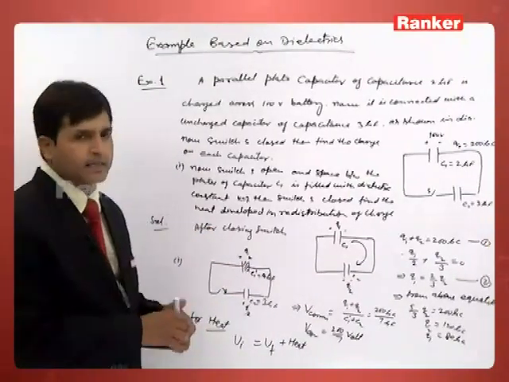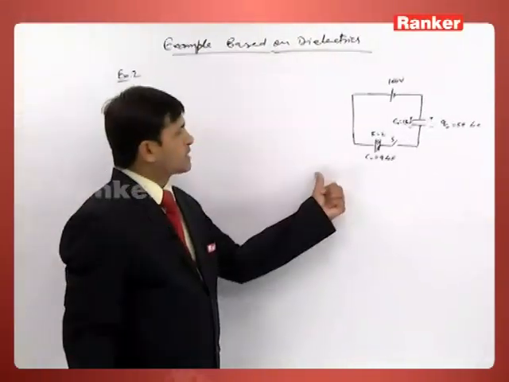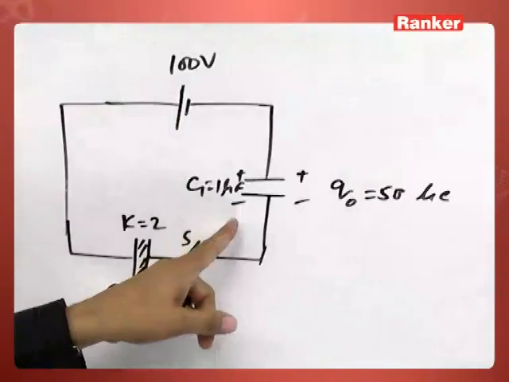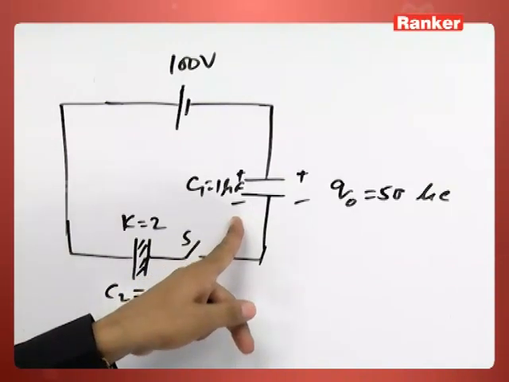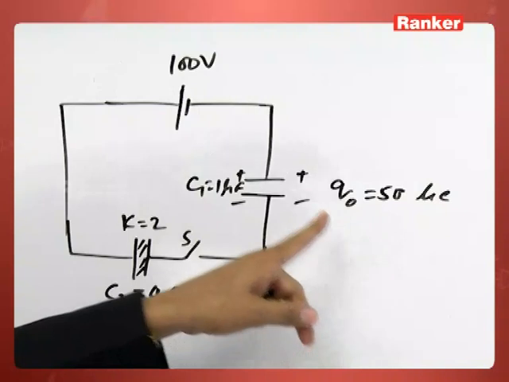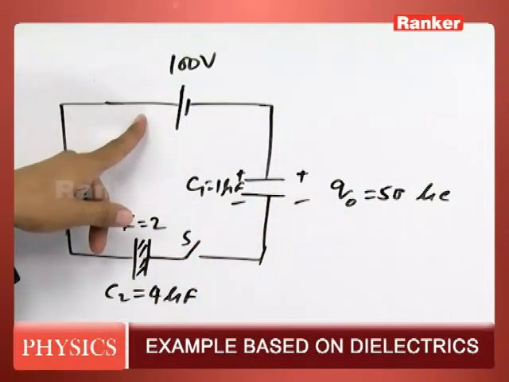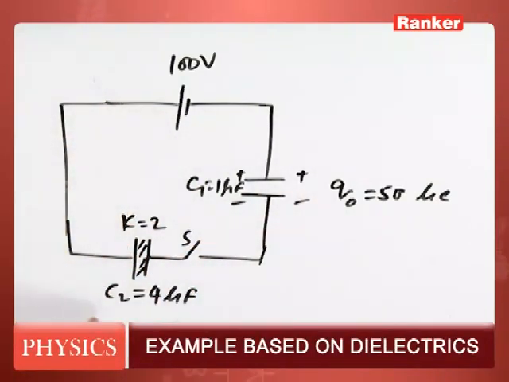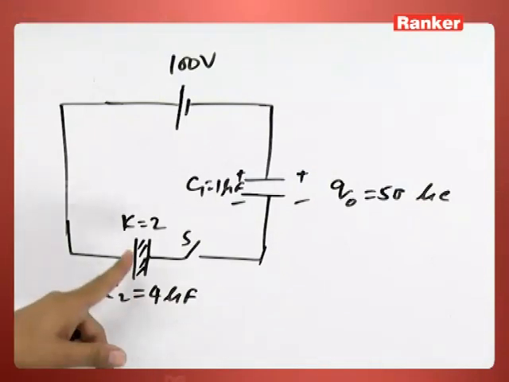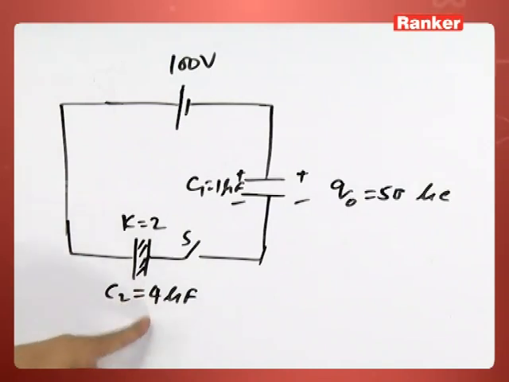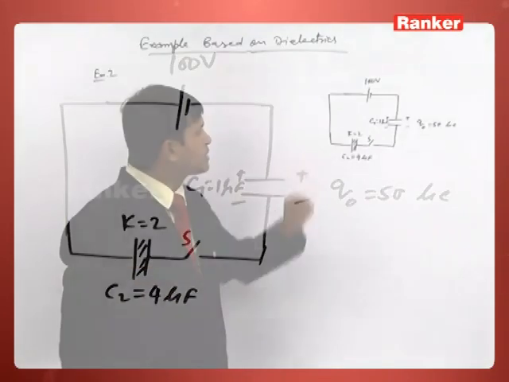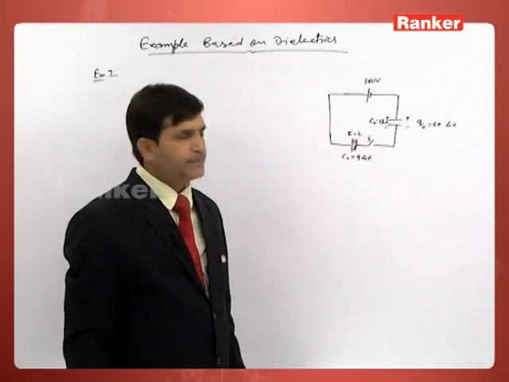Now see another example. Okay, now this is the question here. In this circuit, the capacitor has capacitance 1 microfarad. It has been charged up to 50 microcoulomb initially. It is connected with a cell of EMF 100 volt along with another capacitor of capacitance 4 microfarad, and it has been filled with a dielectric of dielectric constant K equal to 2, and initially switch S was open.